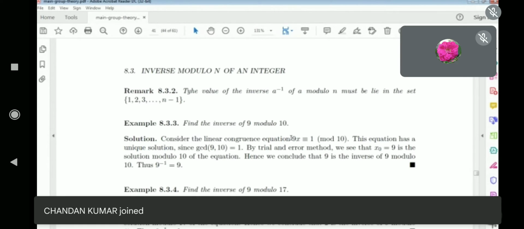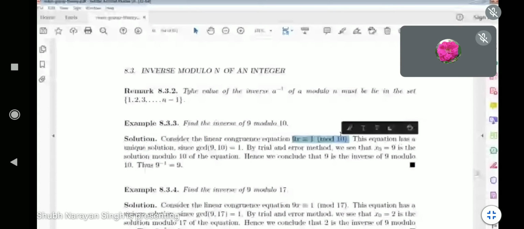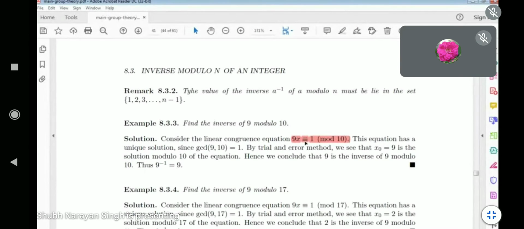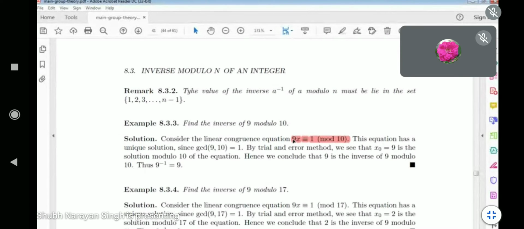That's why I consider it, and this is nothing but the inverse of 9 modulo 10, and we give the notation 9 inverse, because the inverse of a modulo 10 we denote by a inverse.